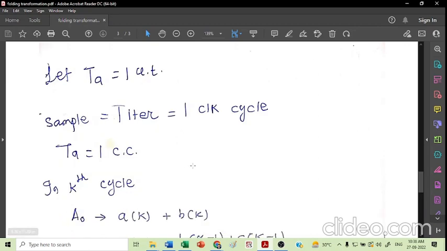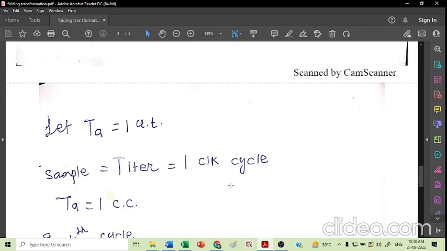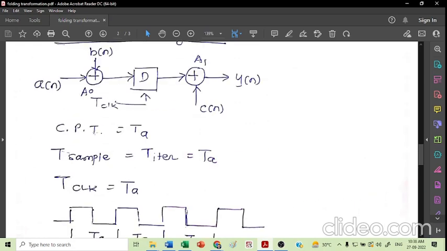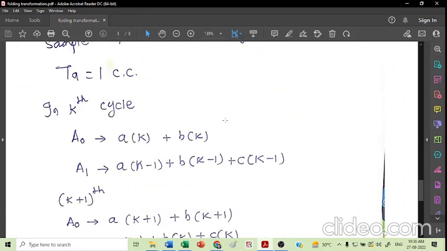Now in the kth cycle, A0 is equal to AK plus BK. Similarly, A1 is equal to AK minus 1 plus BK minus 1 plus CK minus 1.